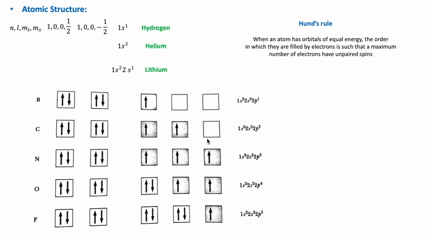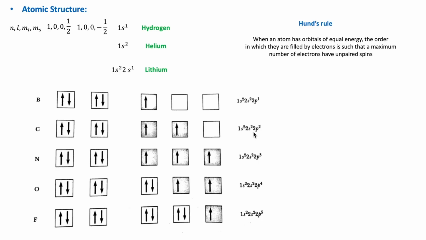For example, the 2p subshell in boron has only 1 electron, 2p1, and this electron can be described by 6 sets of quantum numbers corresponding to 6 states of equal energy.